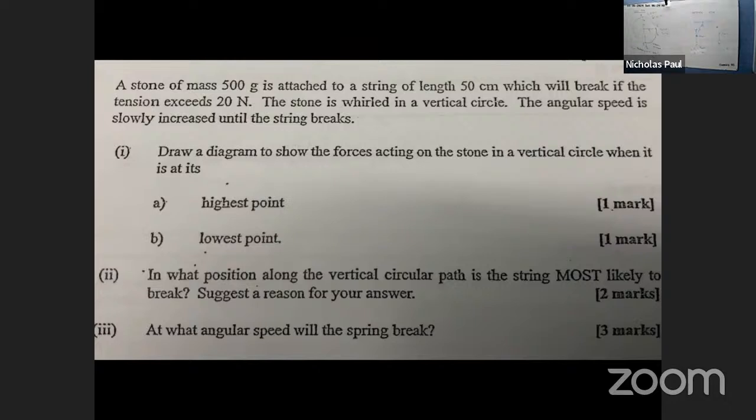All right, so you should have part one and part two already. You have your circle. At your highest point, draw the forces acting.